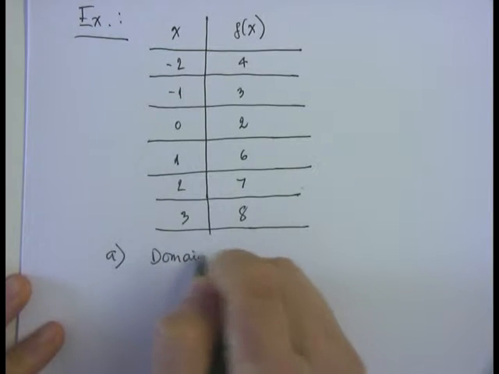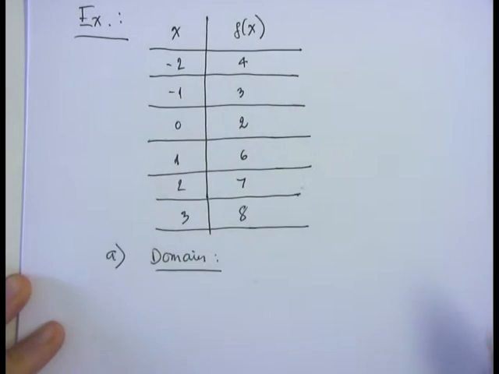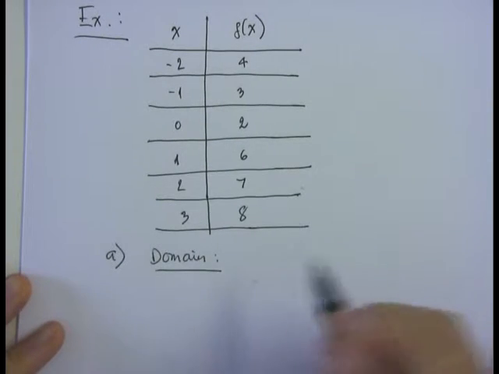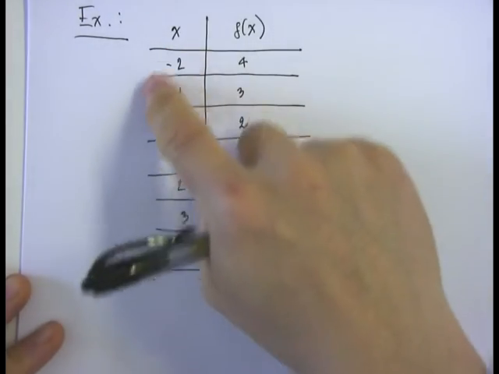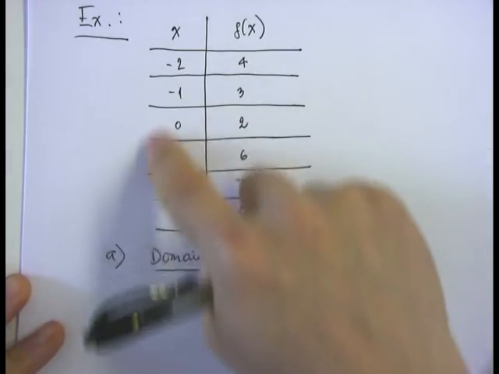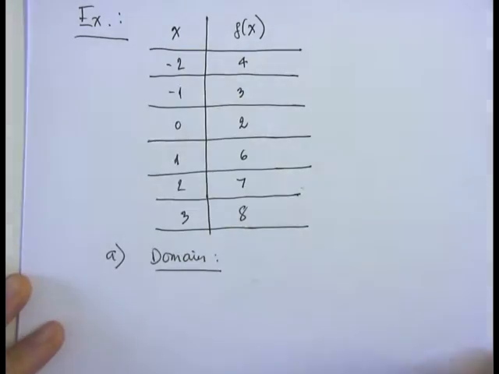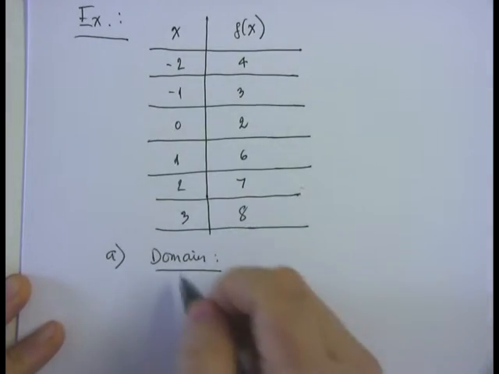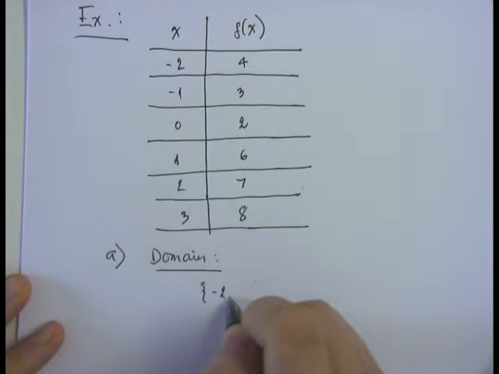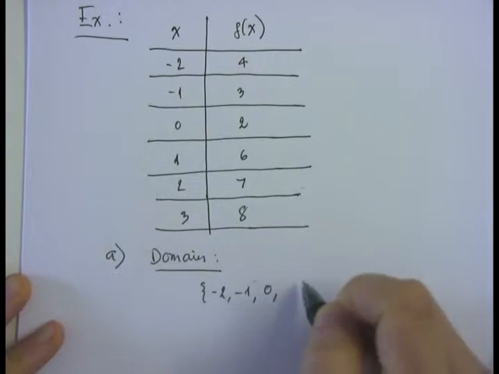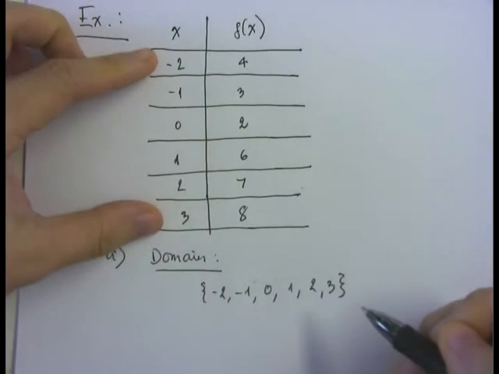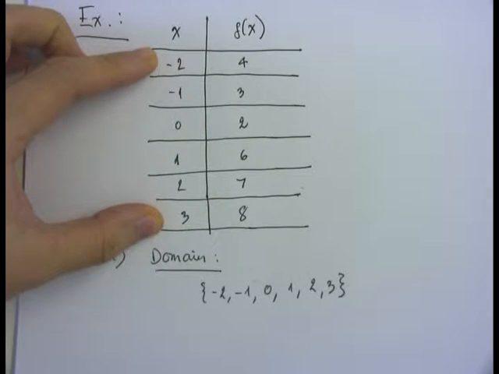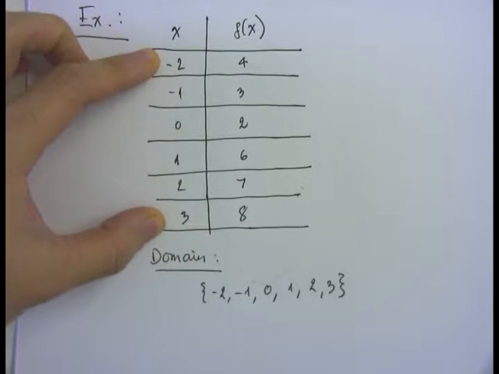When you see a function represented as a table like this, the domain is simply all the x values on the table, all the values from the set x. So here my domain would be -2, -1, 0, 1, 2, and 3. Those are all the elements from the set x. That's the domain of the function.